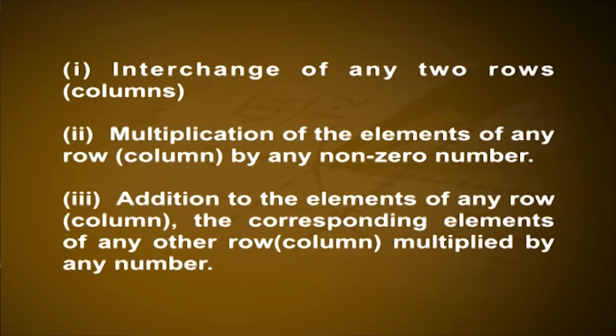Third one, addition to the elements of any row or column the corresponding elements of any other row or column multiplied by any number. An elementary transformation is called a row transformation or a column transformation according as it applies to rows or columns.